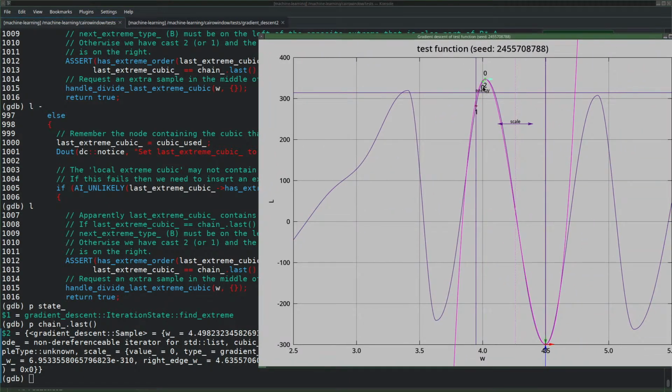You only see 0, 1 and 2 plotted yet, but then this is going to be 3, so 3 was already added to the chain and it's added at the end for obvious reasons. Now, the chain is ordered by W value, so it's the rightmost ones, therefore it's at the end. But I think last points to actually the last one that was added, so that is also 3 then.